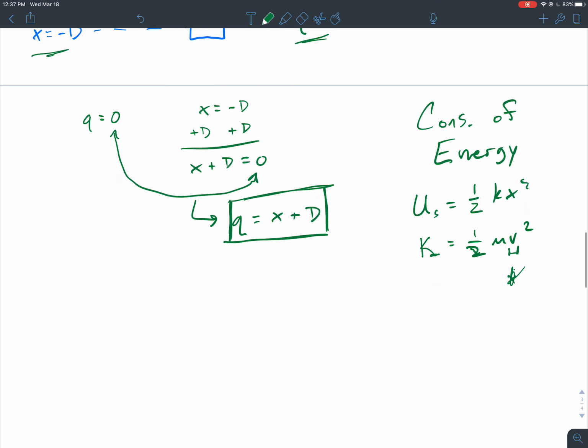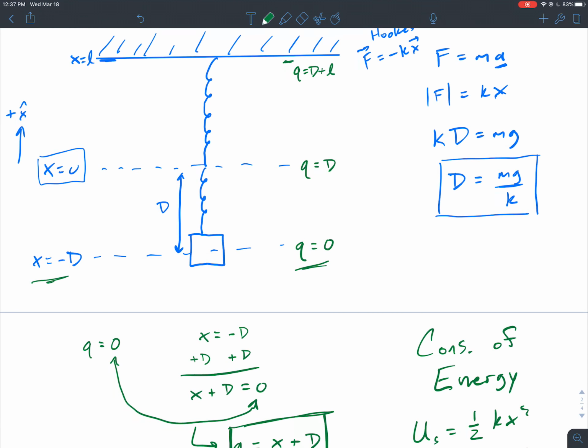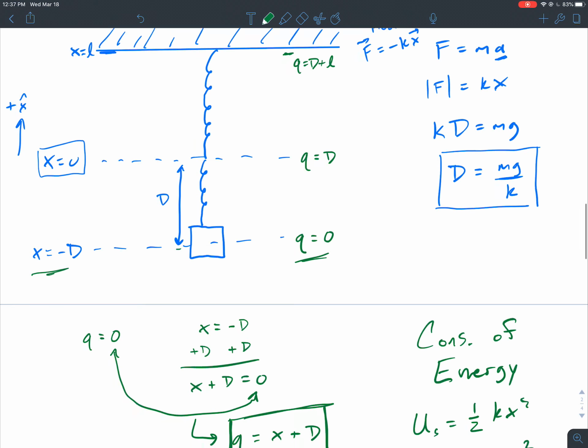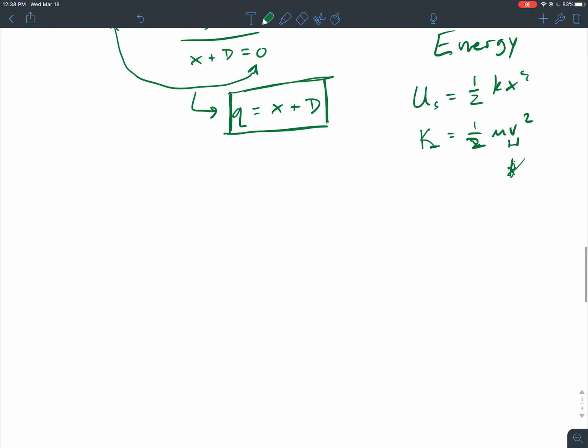So at any given point, obviously down here our kinetic energy is 0, but for any given point, our total energy is 1/2 mv squared plus 1/2 kx squared, right?